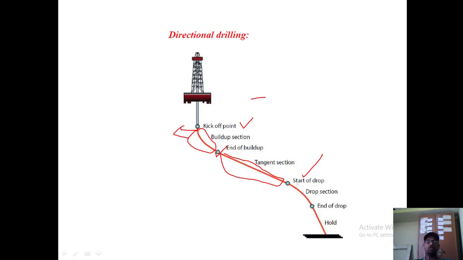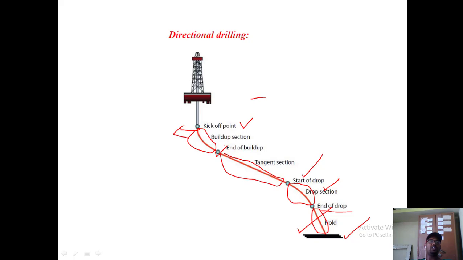The area covered by this line up to where the drop ends is the drop off section of the well. After the end of drop, we have the hold section, the last stage of any directional drilling. This is your pay zone: once we have reached the pay zone after drop off, the section between the end of drop off and the pay zone is called the hold of that well.